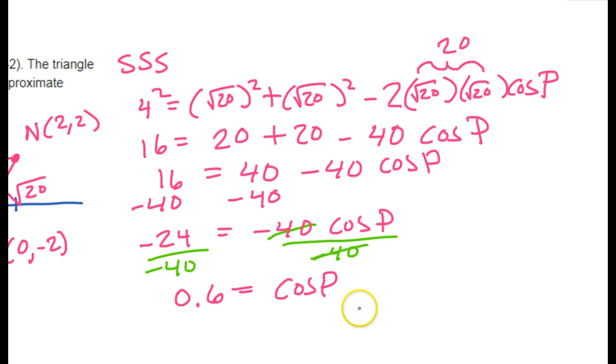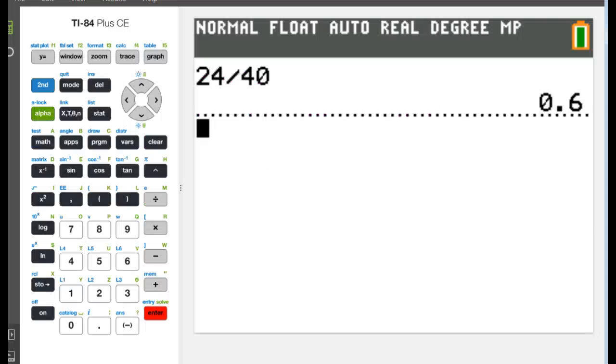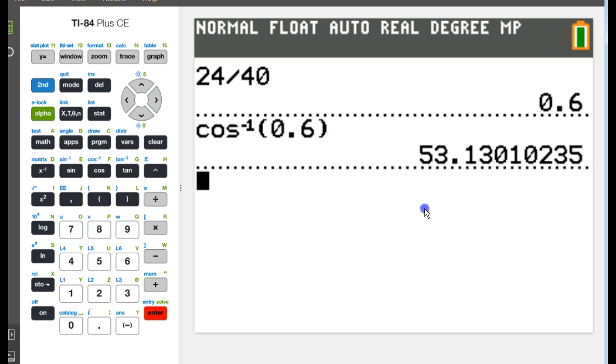So cosine p is equal to 0.6. So if I want to find angle p itself, I have to do the inverse cosine of 0.6. Okay, so inverse cosine of 0.6. So that's 53.1 degrees.